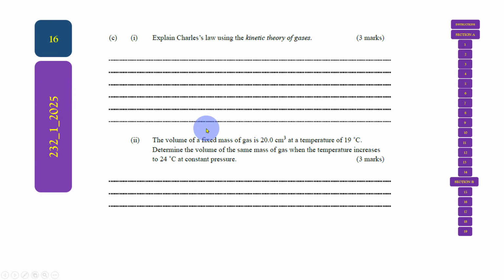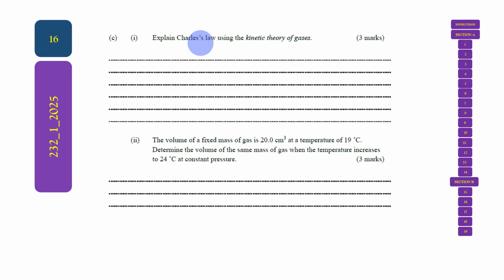Let's look at part C of question 16. Part C has got part 1, explain Charles' law using the kinetic theory of gases. So it calls us to know what Charles' law states.